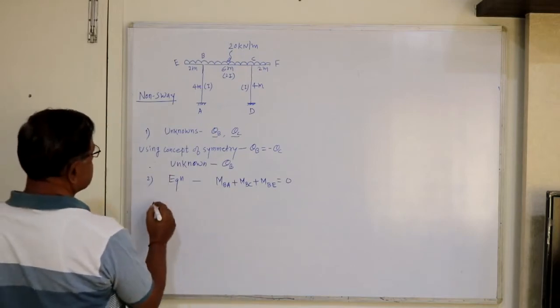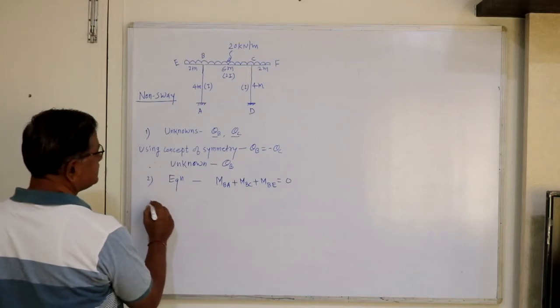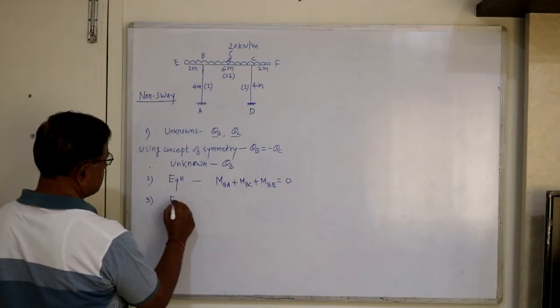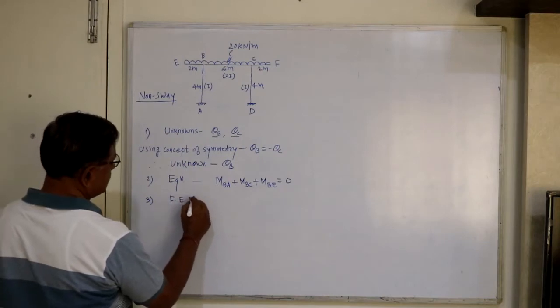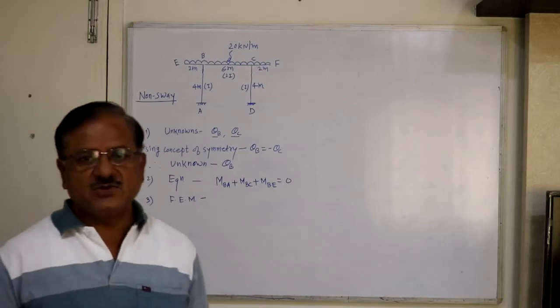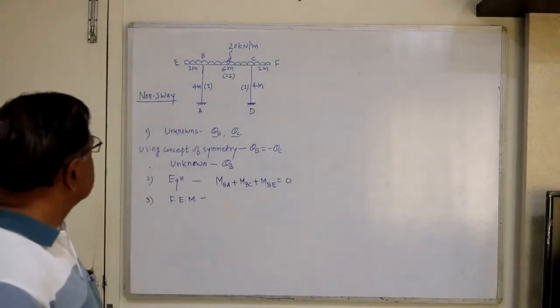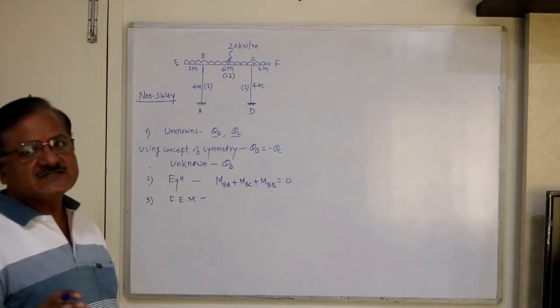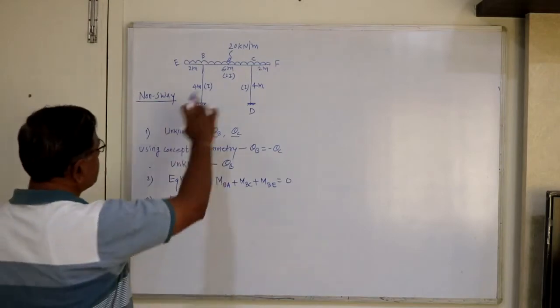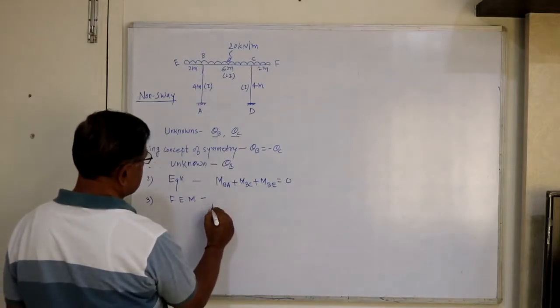Next step is, let's find out fixed end moments. Now fixed end moments, as there is no load on member AB and CD, so fixed end moments for AB and CD will be 0. So for BC only we have to calculate fixed end moments.